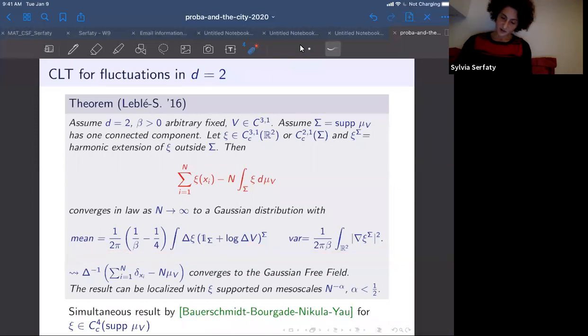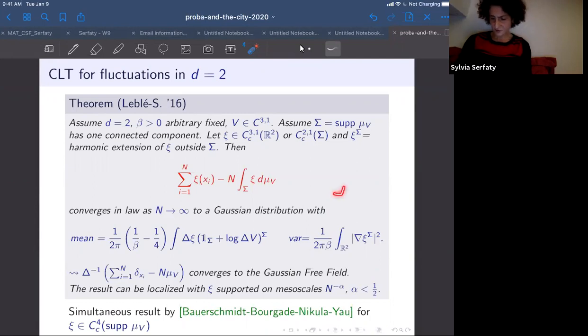And if you forget about this superscript sigma, you see the variance is the integral of, it's like gradient c squared. That corresponds to GFF essentially. So this is the structure of the GFF correlations. What converges to the GFF is this inverse Laplacian of this difference. That's exactly my electric field before, electric potential, sorry. Okay, so this shows a very strong, another way of quantifying the strong rigidity of these systems.